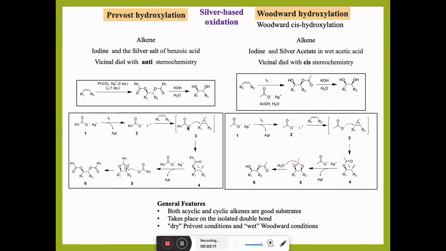And then the benzoic acid will attack from one side, and this 3-membered ring will open up. Then the lone pair on oxygen will attack from the back side and it will displace the iodine. So we'll get a cyclic 5-membered ring structure with the positive charge on the oxygen.